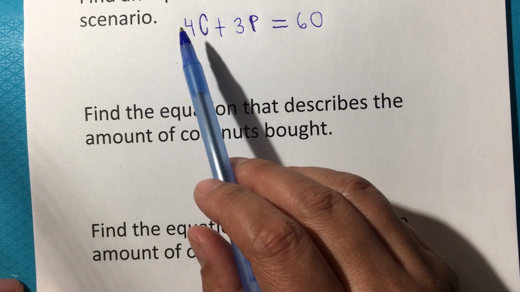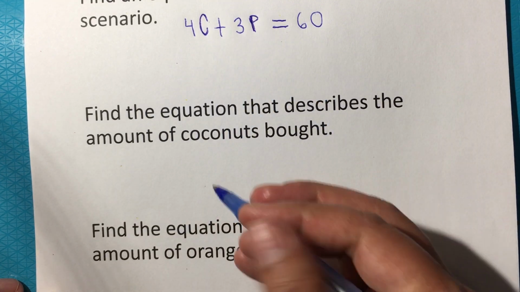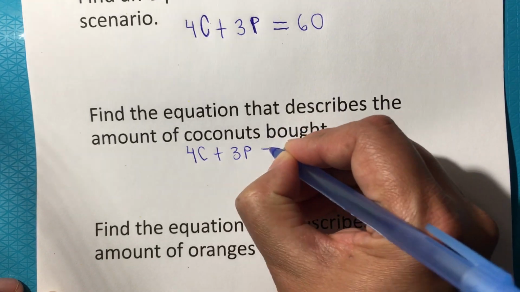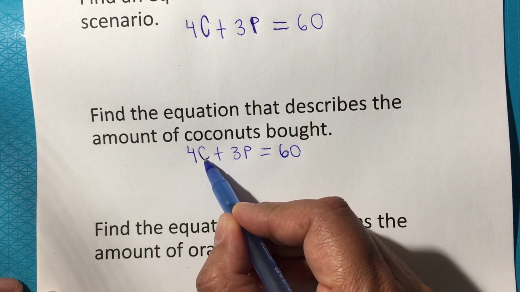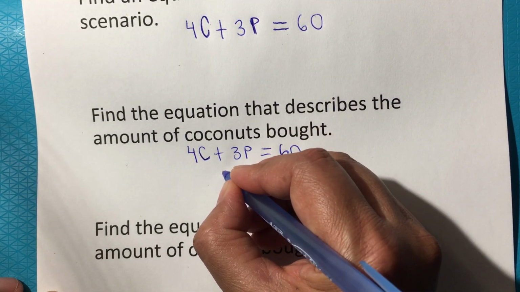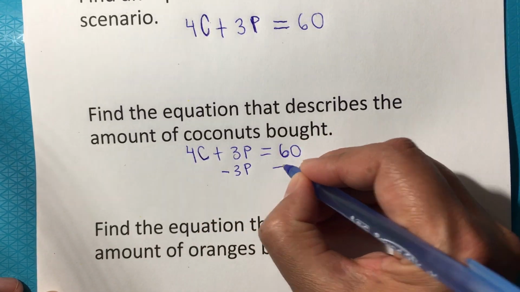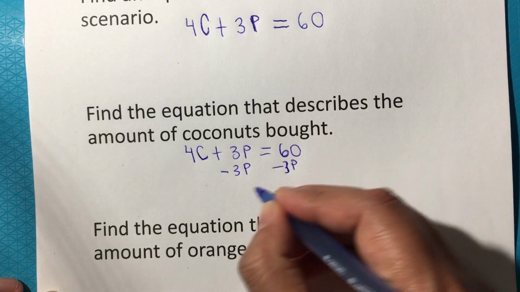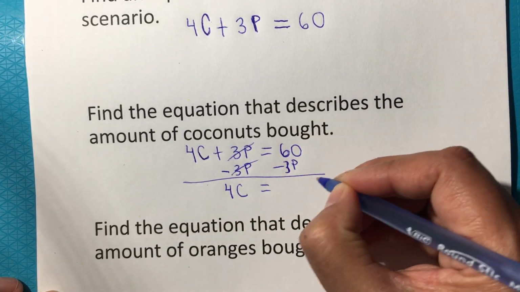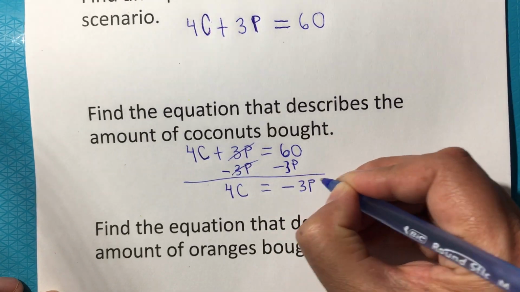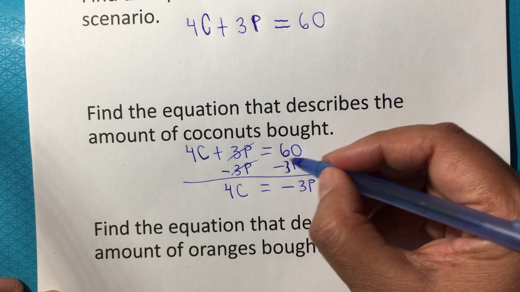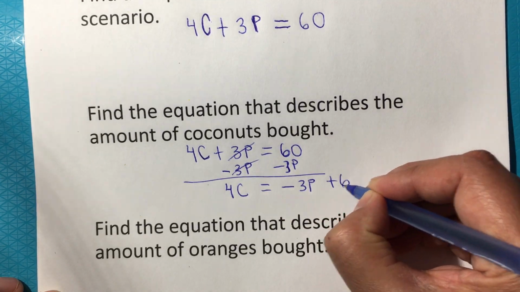It's just solving for C. And so if we have 4C plus 3P equals 60, we want to leave C by itself, so we're going to subtract the other entire term. So minus 3P minus 3P. And so 4C equals negative 3P, because we usually write the terms that have variables first and then the constant at the end.